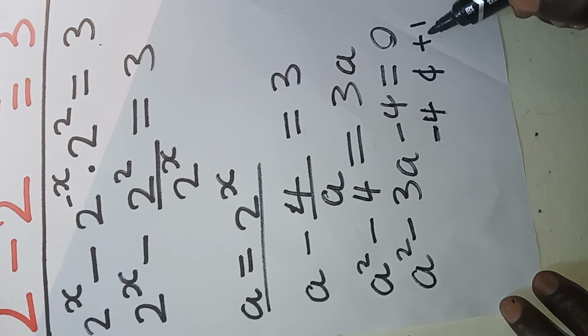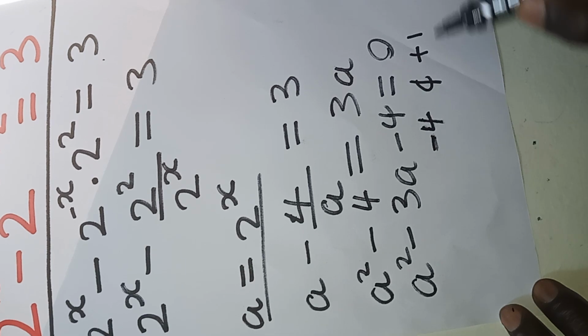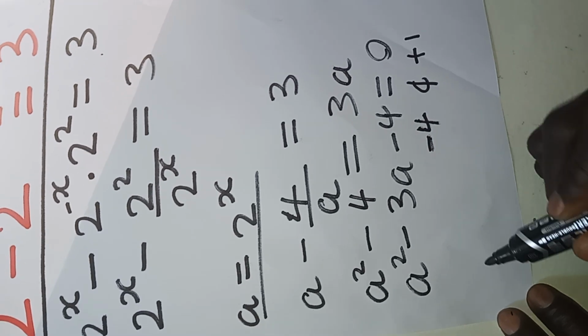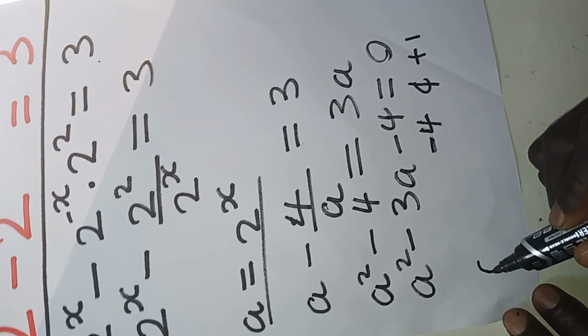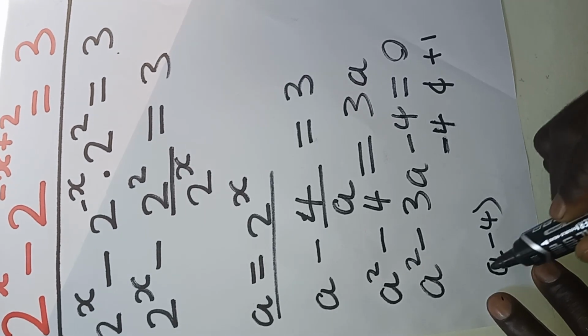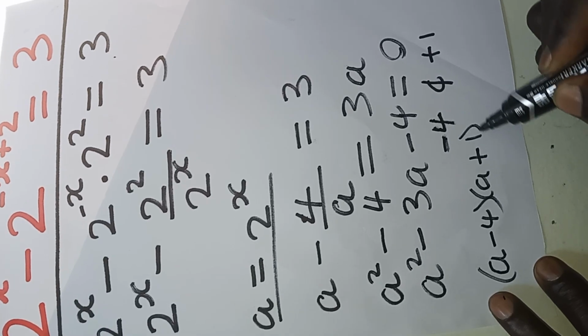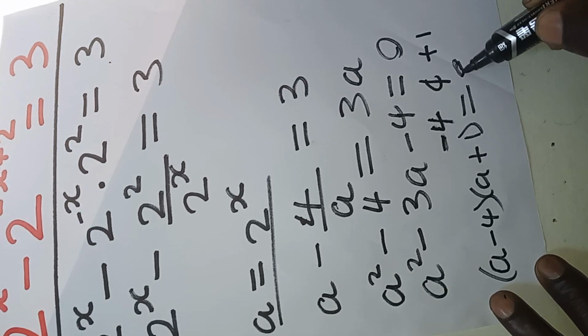And if we add these two numbers, minus 4 plus 1, we get minus 3. So these are our perfect roots. So now the equation becomes a minus 4 bracket a plus 1, we equate it to 0.